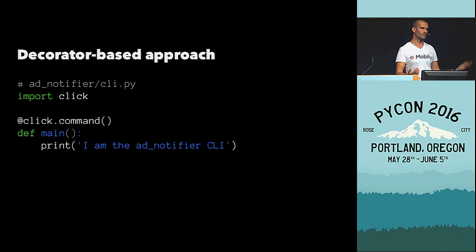You just do an import of Click, and then Click is decorator-based, and you just wrap the function that you want to run in that decorator and turn it into the command. So here we just turn main into the main entry point for our command line client, and whenever we run that, it just executes that print statement.